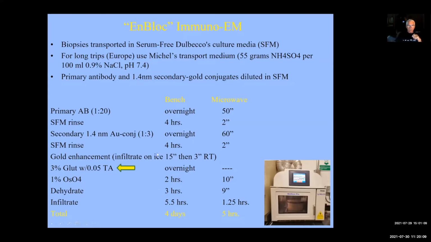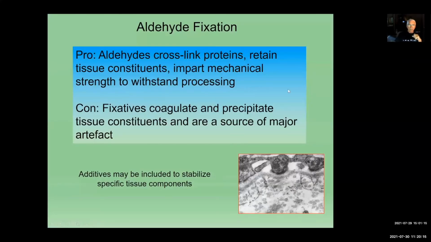So let's consider, as a side note, the 3% glutaraldehyde step here. Glutaraldehyde, as you know, cross-links protein. It has important functions, but fixatives also coagulate and precipitate the tissue constituents, and they're a major source of artifact.